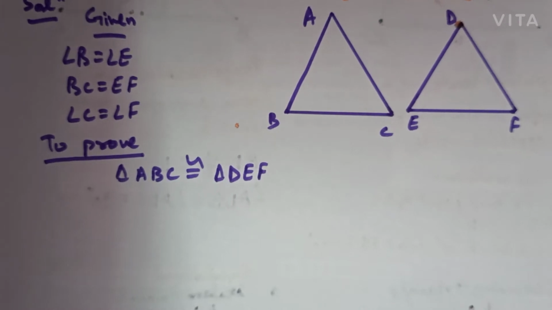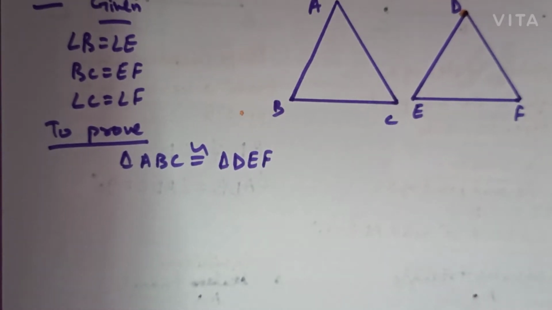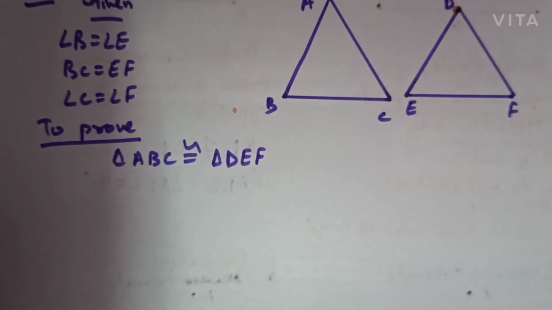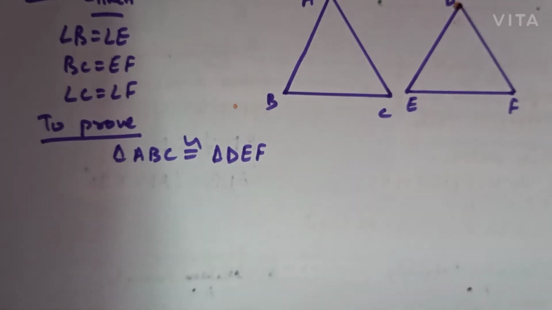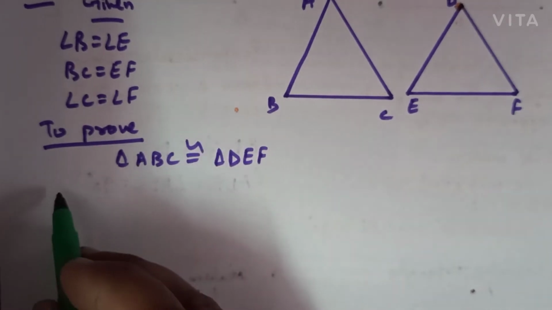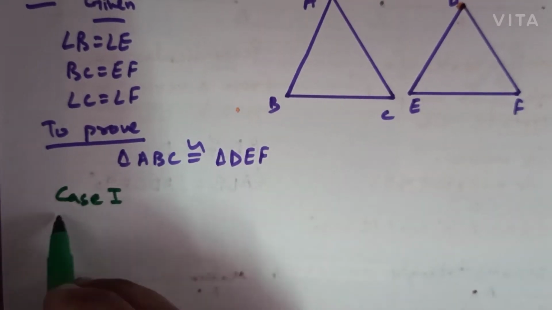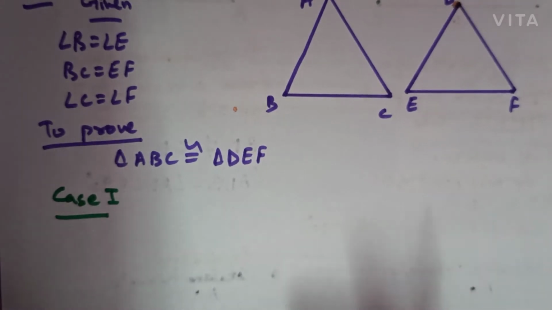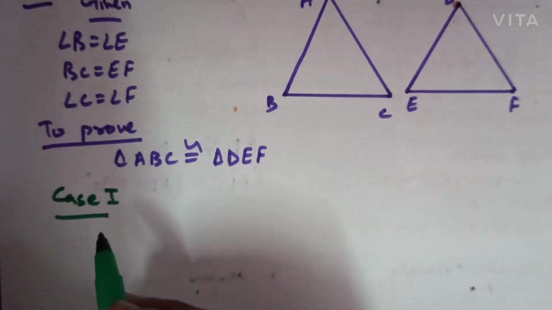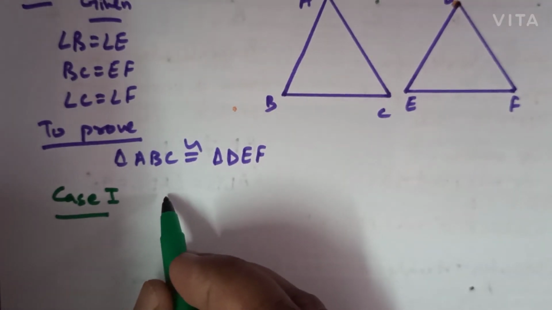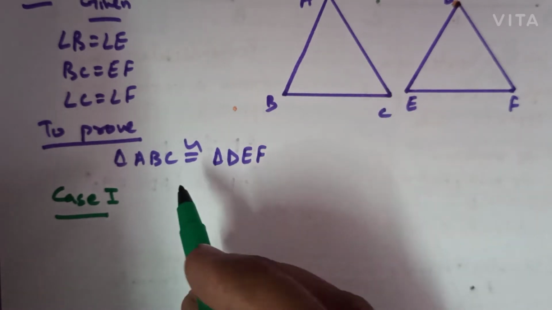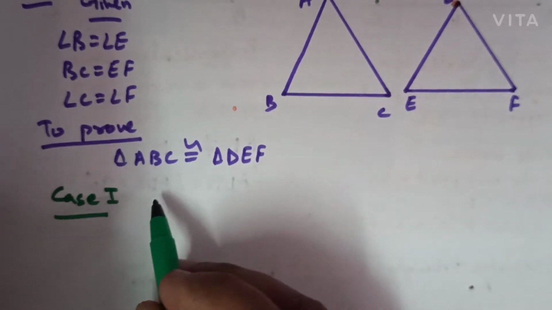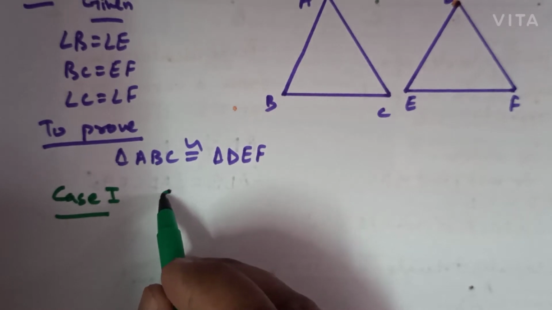Okay, so there are three cases. We don't have to use the ASA rule. So we will look at the first case, case 1. We take the assumption that in triangle ABC and triangle DEF, side AC is equal to side DF.